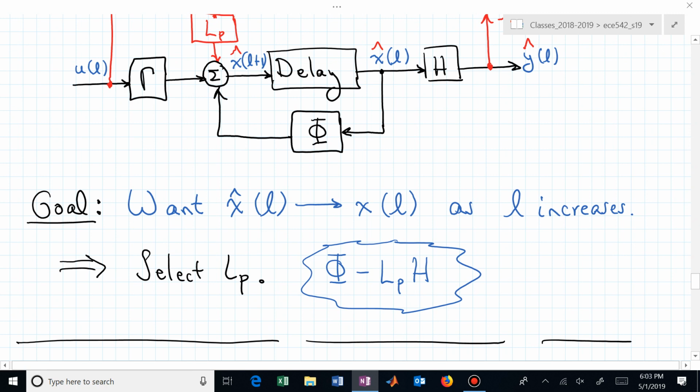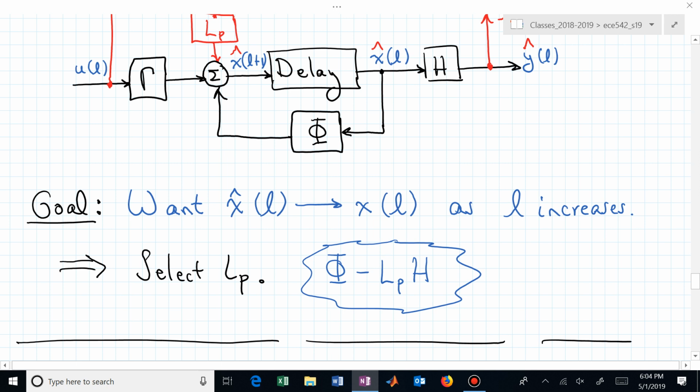And that's our goal. We want x hat to approach x as the time index increases, and that means we need to select this estimator gain L sub p, and this is how L sub p enters into our estimator dynamics. Our system matrix phi, our output matrix H, and L sub p now shapes how the output is directed into our system dynamics.